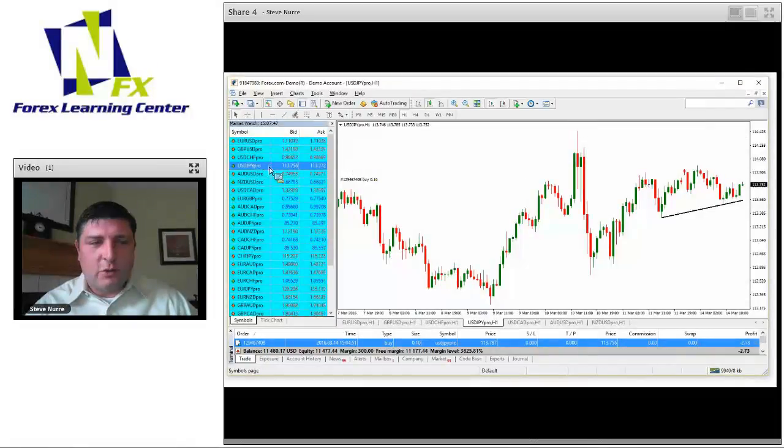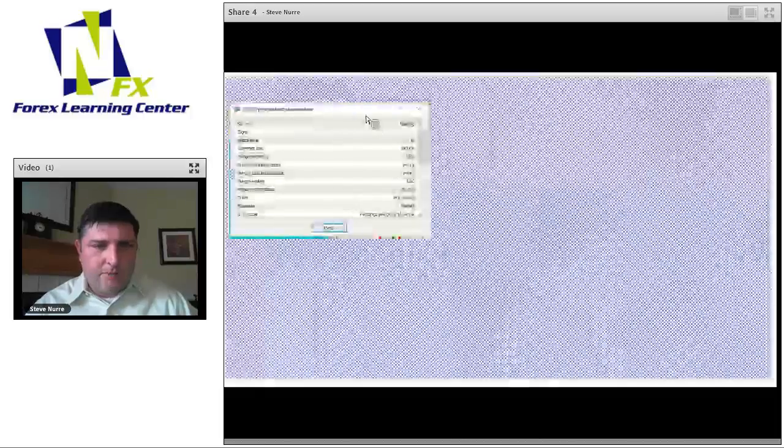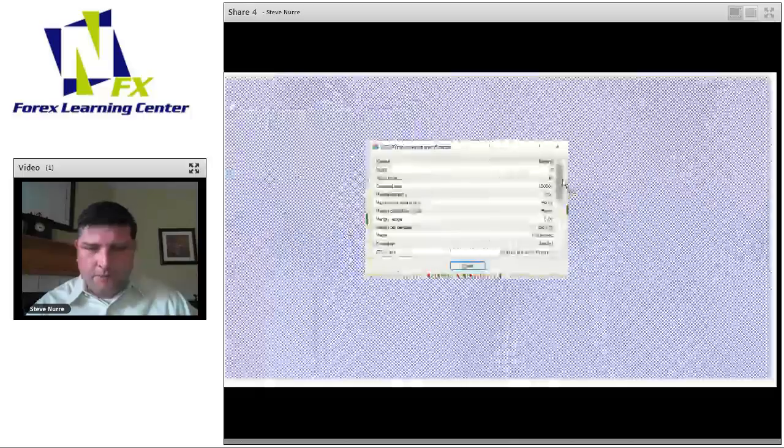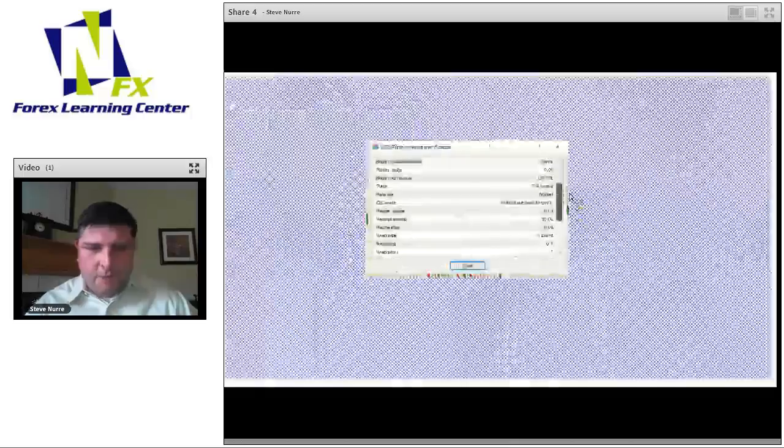How do we figure out what the actual margin requirements are? When you pull up your listing on your Market Watch, you can go down here to specification. Under specifications, they'll generally tell you where your margin percentage is.